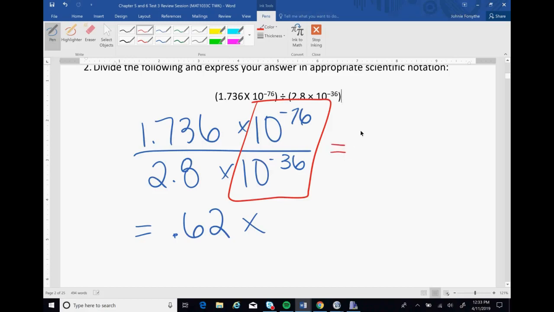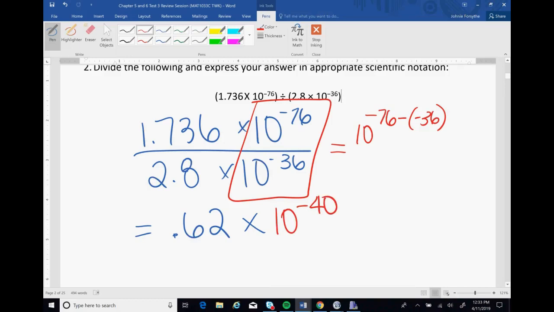That's going to be 10 to the negative 76 minus negative 36. You subtract your exponents, so that is going to be negative 40. So that's going to be 0.62 times 10 to the negative 40.